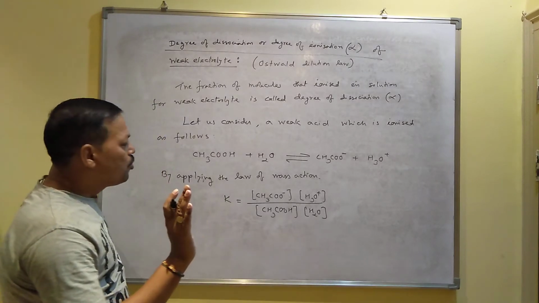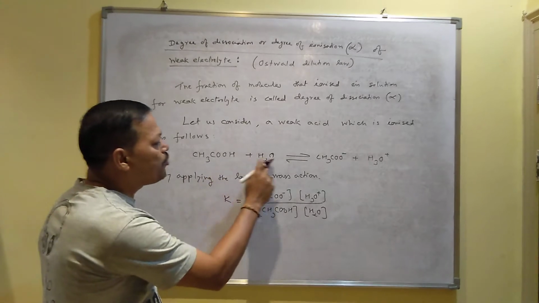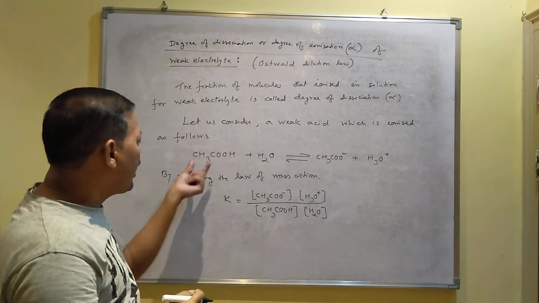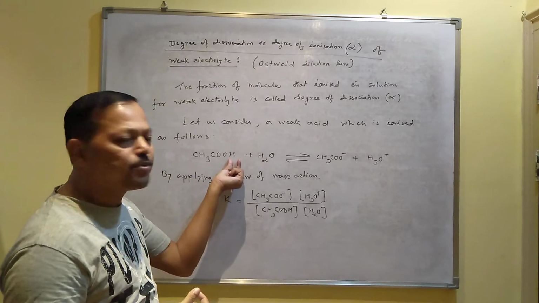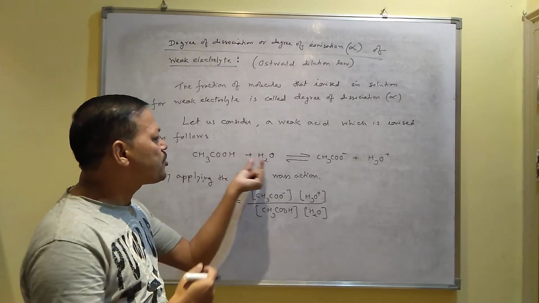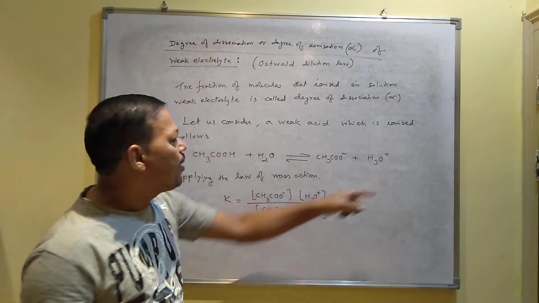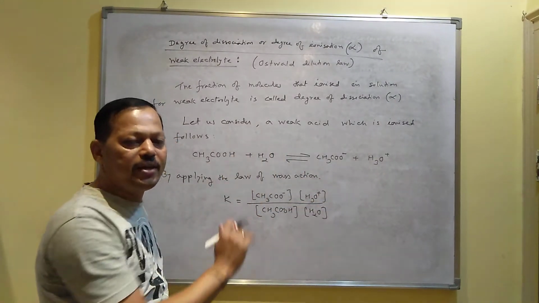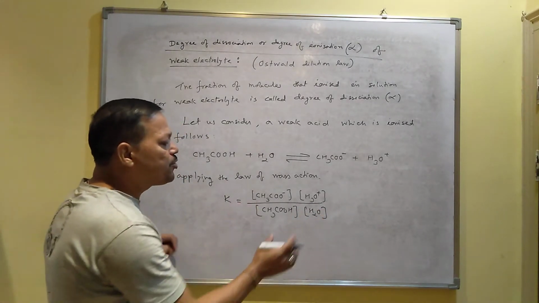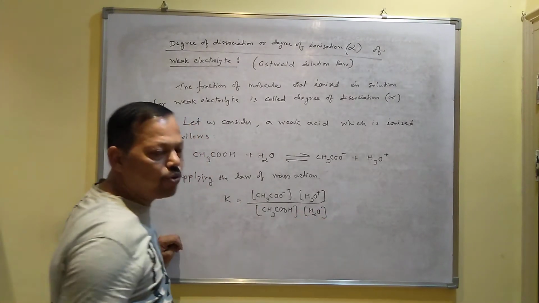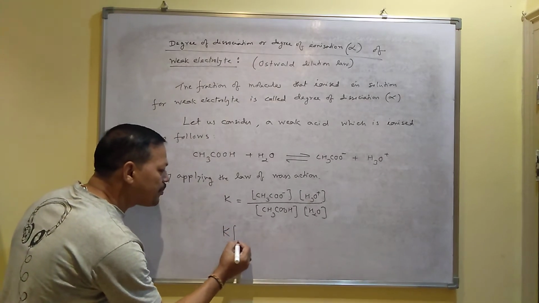Suppose there are 100 molecules of acetic acid, 100 molecules of water. Among 100 molecules, only 5 molecules undergo breaking. So 5 H plus will be released, and those combine with only 5 H2O molecules to produce 5 hydronium ions. The other 95 water will remain there. That is why the concentration of H2O is considered constant.